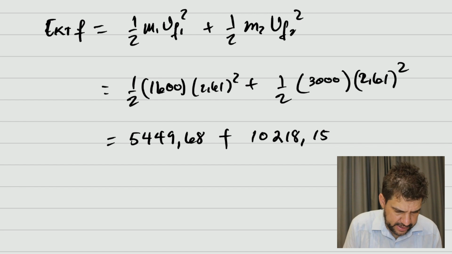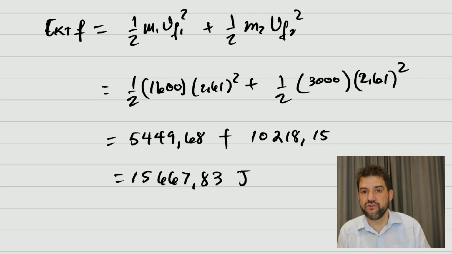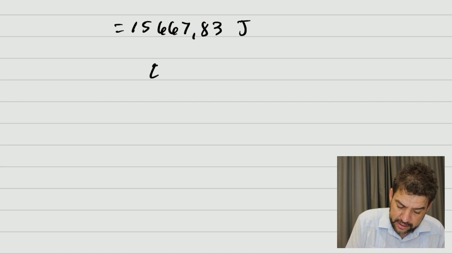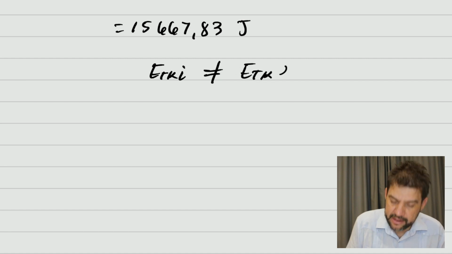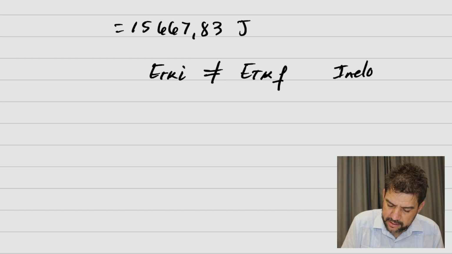And you get that the final answer is 15667.8. Guys, you can do the calculation yourself. It's not a big deal here. And now we get that the total kinetic energy initial is not equal to the total kinetic energy final. Therefore, the collision is inelastic.